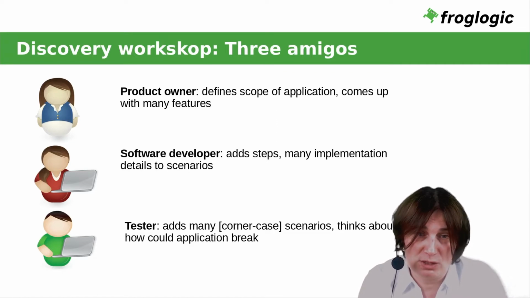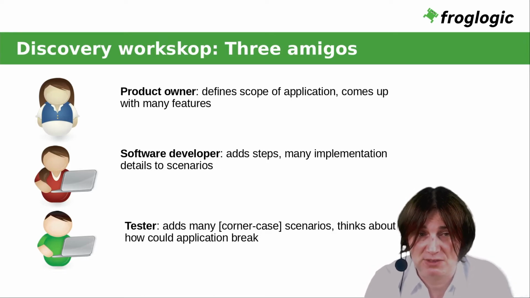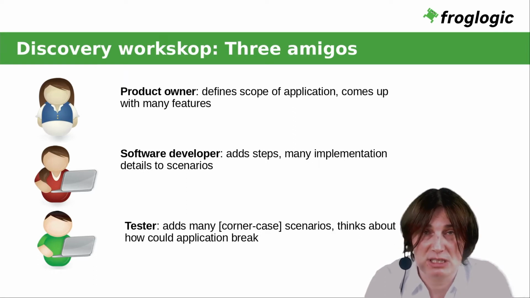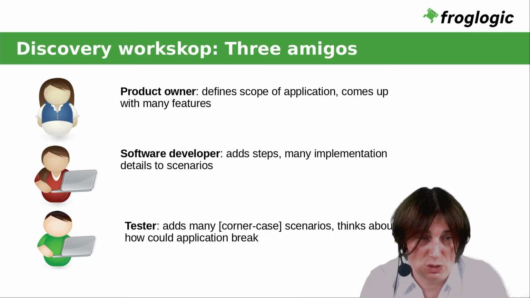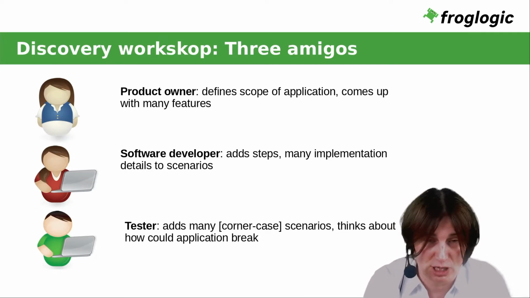The software developer, on the other hand, will take those features and add specific steps and many implementation details to the specified scenarios. The tester will come up with corner cases, like add more examples and steps to the scenarios because of the way he can see how the application can possibly break.